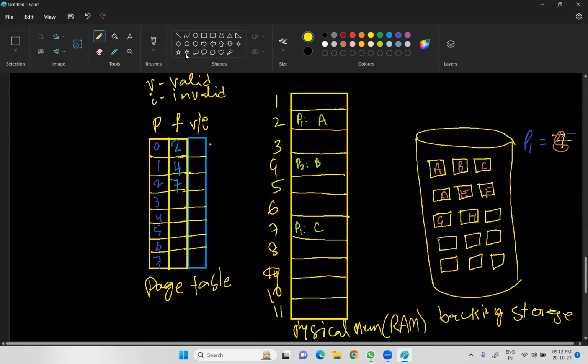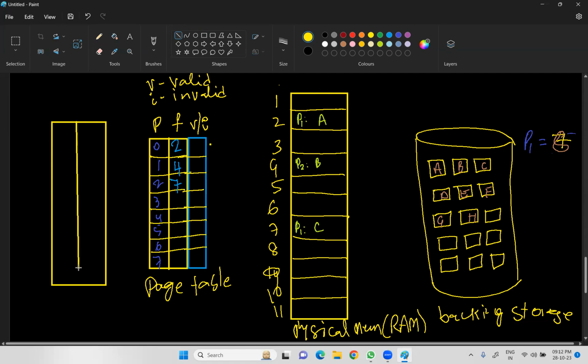And of course, if you consider your logical address space, logical memory space, it will look something like this. You can observe, this is also 2 to the n, which means page number and displacement will be there with you.